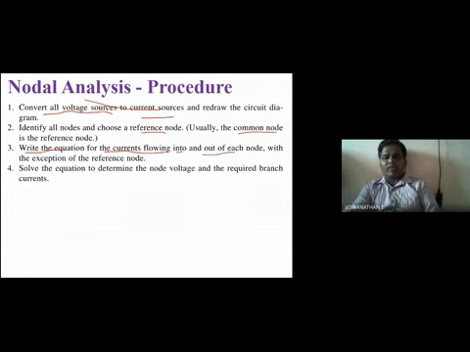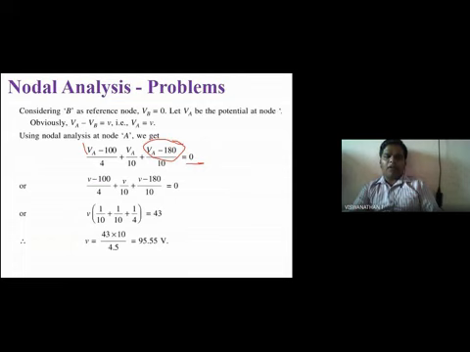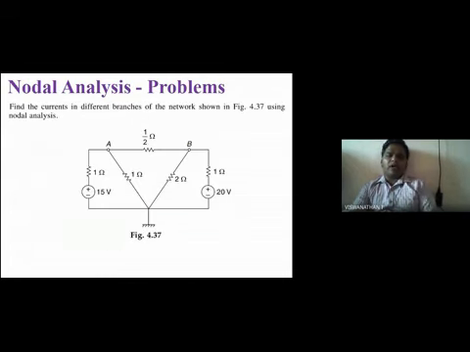Some students make a mistake here, writing 180 minus VA. That is not correct. You should always write it like this, VA minus 180. Then I take the common denominator, take V outside, and I get V equal to 95.55 volts.